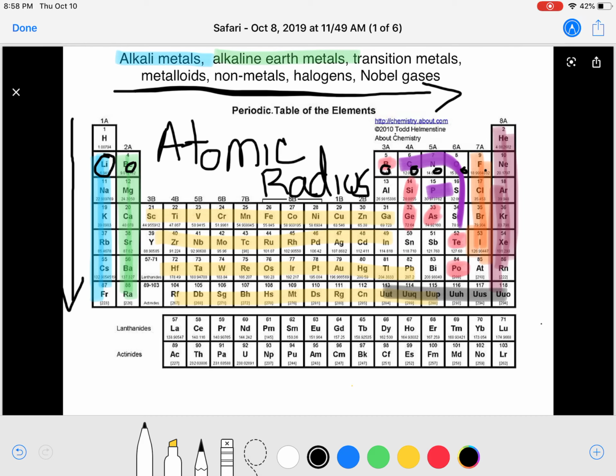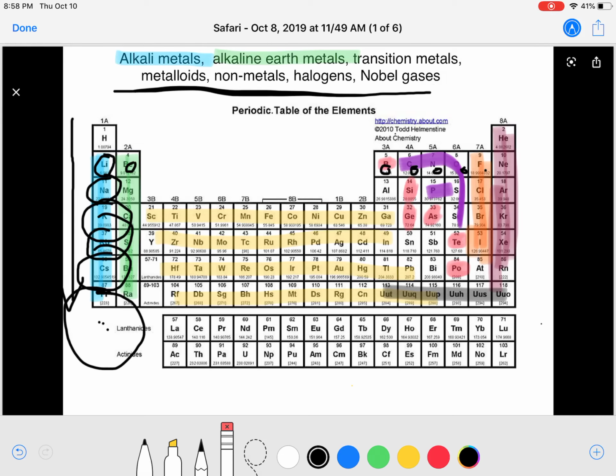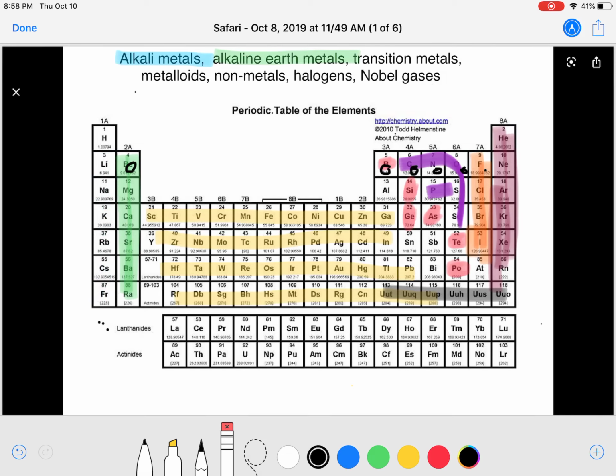So lithium would be the smallest here, and you got sodium, potassium, rubidium, cesium, and then you got francium, which is a huge, huge, huge atom. There's a little nucleus right in the middle. So that's the atomic radius, the radius with the electrons on the outside. So we're going to go over this more in class. This is just an introduction on why things happen.